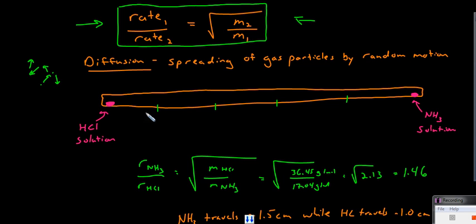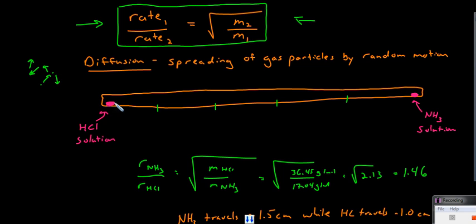So let's say that you were to put hydrochloric acid solution in one side of a glass eudiometer tube, and you were to put ammonia solution in the other end of that tube. Now these solutions are aqueous.